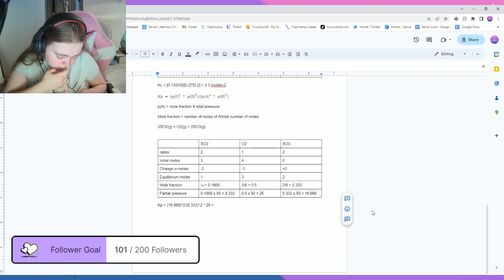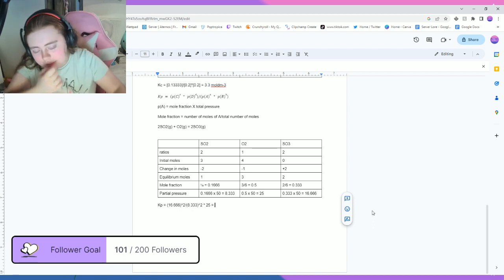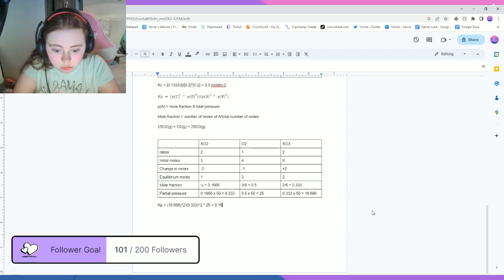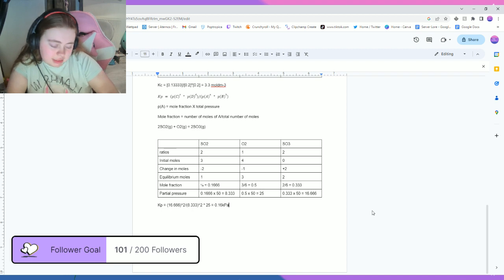Oh wait, I didn't do 1/6 times 50. For that, I got 0.16 kilopascals.